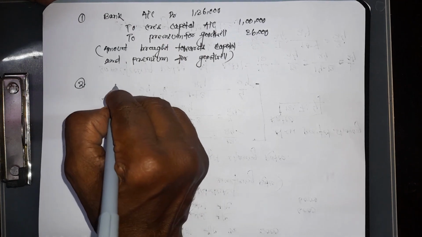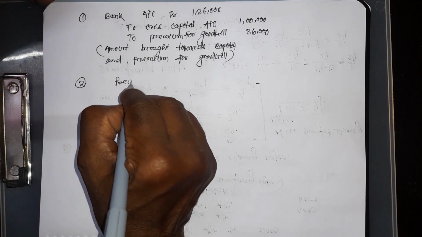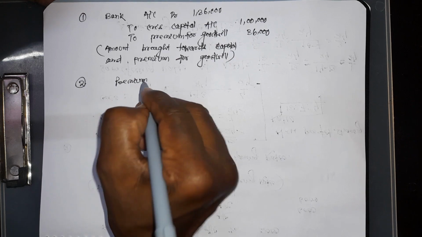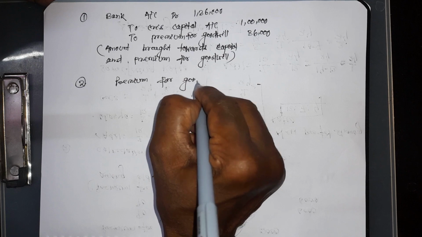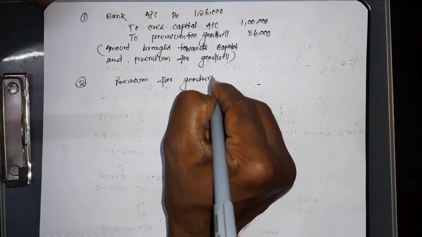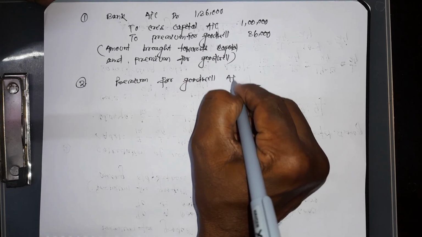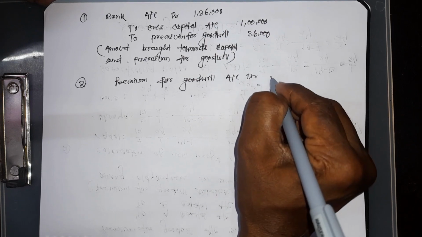So you will write premium for goodwill account debit 36,000.